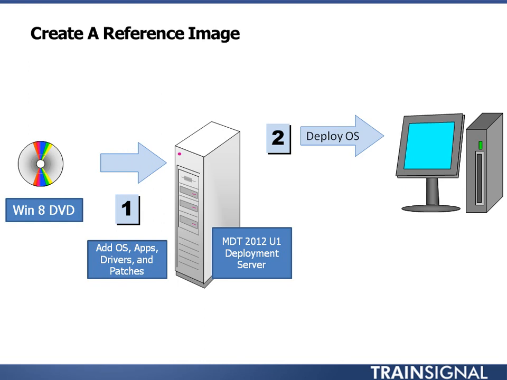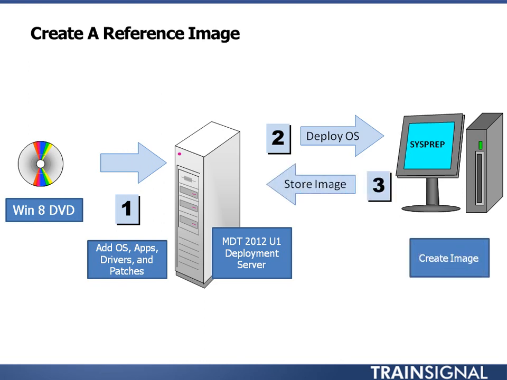Then we'll deploy that to a target machine. Sysprep that machine using the generalize and OOBE (out-of-box experience) switches. Very important that you use those two switches. And create an image, storing it on the MDT server.